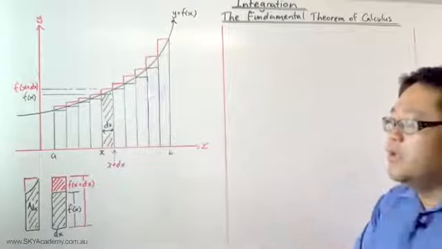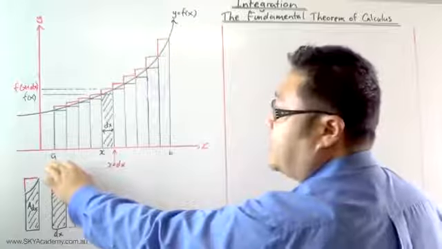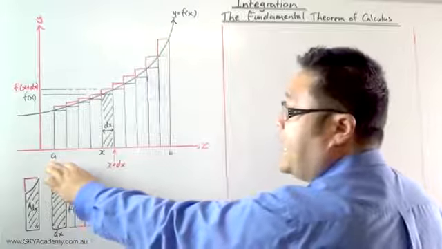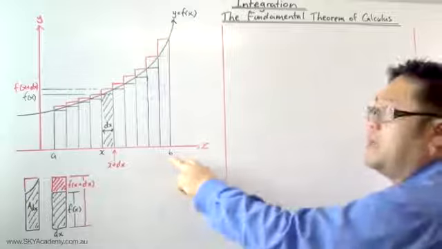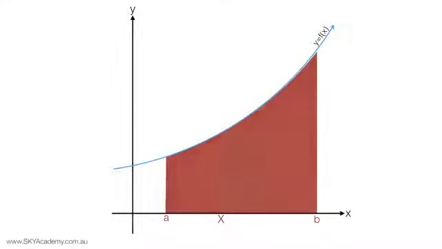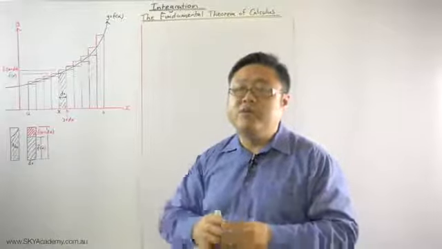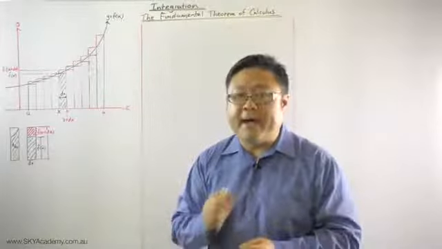What we're trying to do is find the area under the curve from one set point A to another set point B. How do we find the area under that particular curve? Well, there is a methodology behind it, which is really what integration is all about.